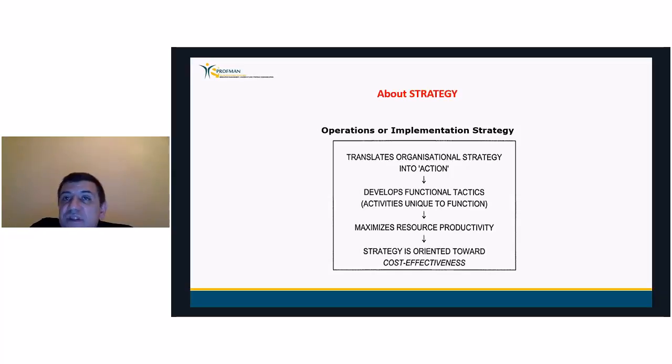Operations strategies are needed to manage operating units and line areas in a cost-effective manner. This strategy translates organizational strategy into action. It develops functional tactics, which are activities unique to a function. It maximizes resource productivity, and this level of strategy is always oriented toward cost effectiveness.